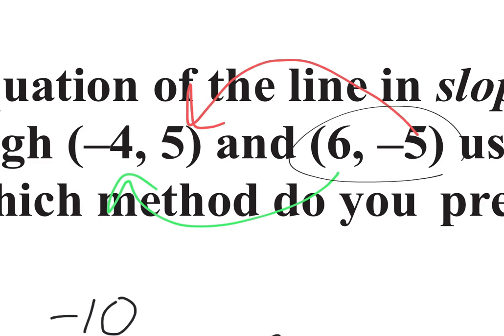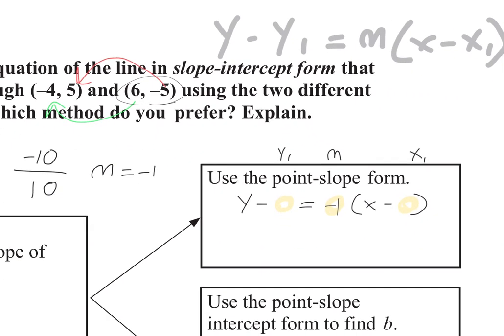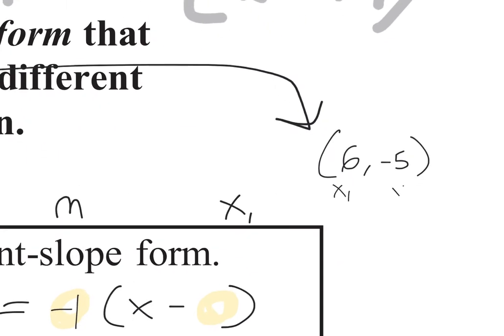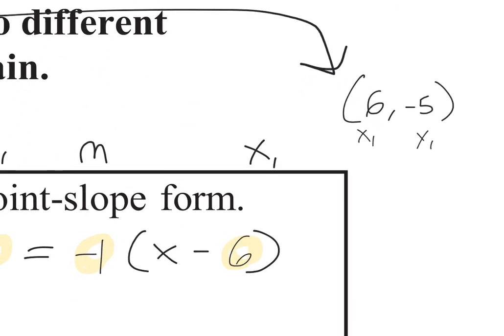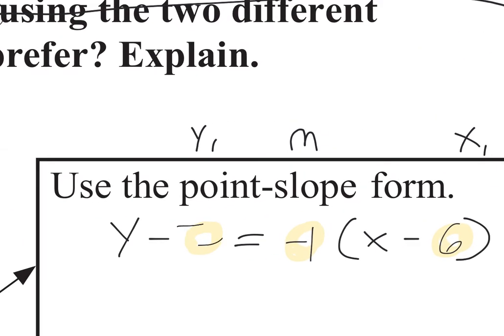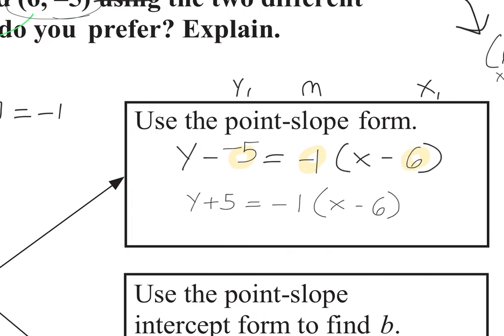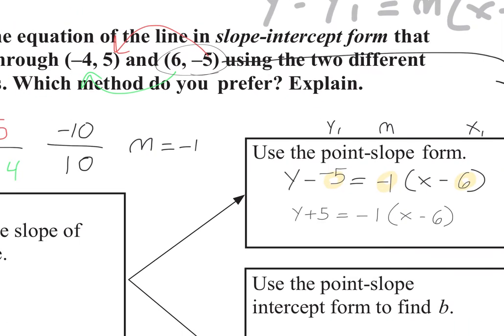I'm just going to pick this one, just because. So I'm picking 6, negative 5. This is my x1, this is my y1. So that's 6, negative 5. So to clear up some double negatives, we have y plus 5 is equal to negative 1 times x minus 6. That is an equation that passes through those 2 points.